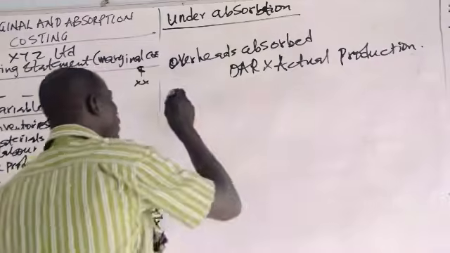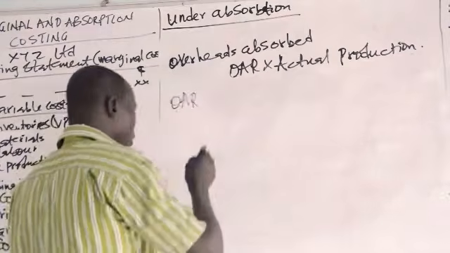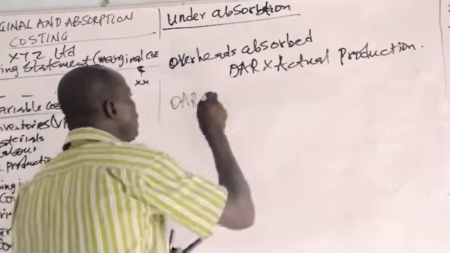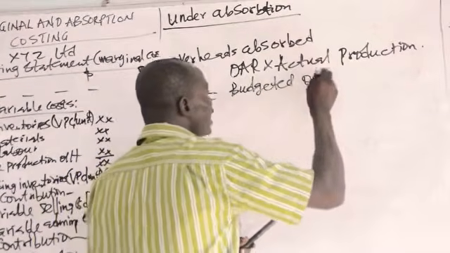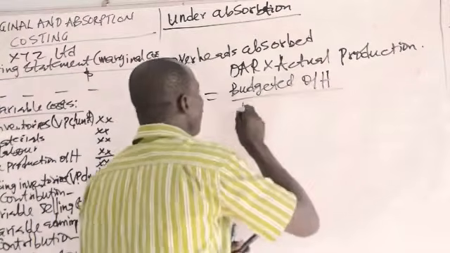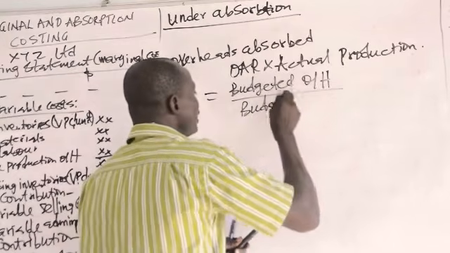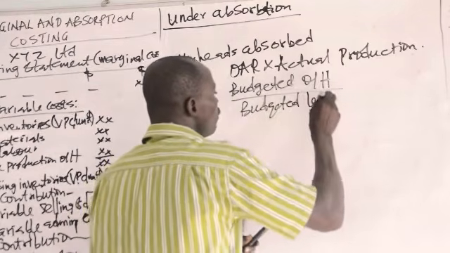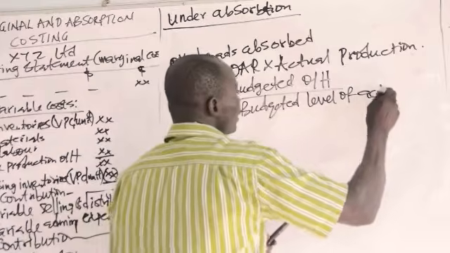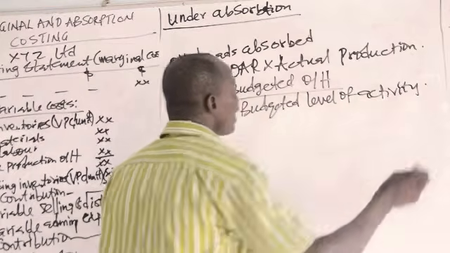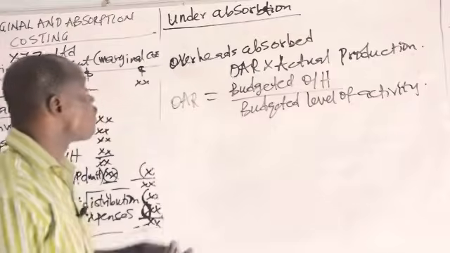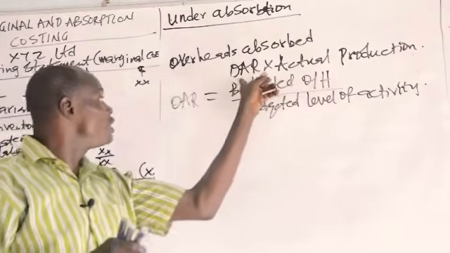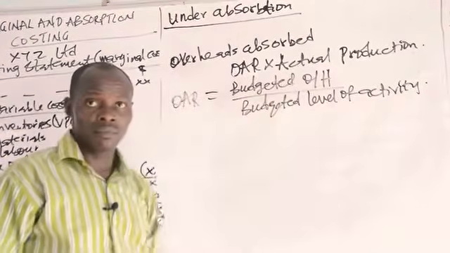Your overhead absorption rate is equal to the budgeted overheads over budgeted level of activity. Budgeted level of activity. That will give you the overhead absorption rate.